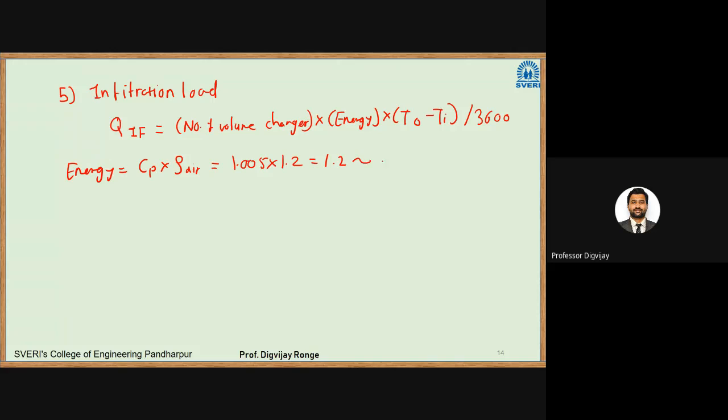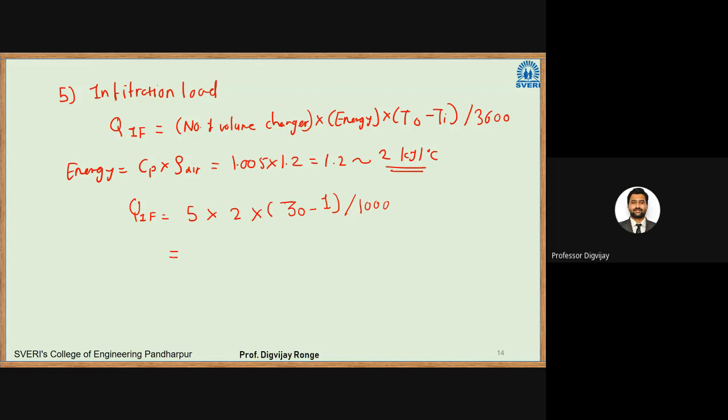But in this case, they have given this value as 2 kilojoule per degree Celsius. So QIF will be equal to 5, the number of volume changes per day, into energy, that is 2, into delta T. T outside is 30, inside is 1, divided by 1000.